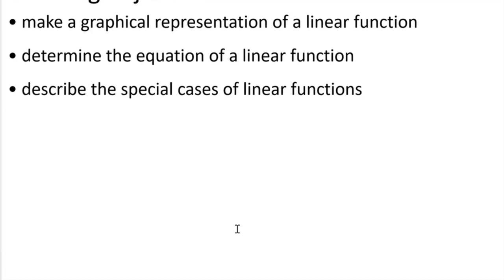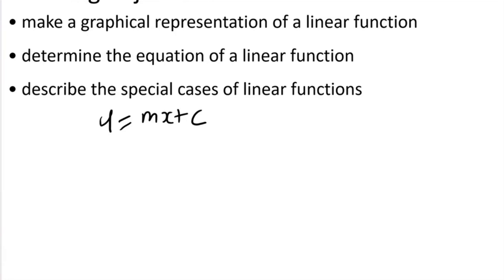Now we are going to be translating between different forms of a function. A linear function is mostly represented in the form y = mx + c. That is your starting point when you're talking about linear functions. I'm discussing the general principles of linear functions.